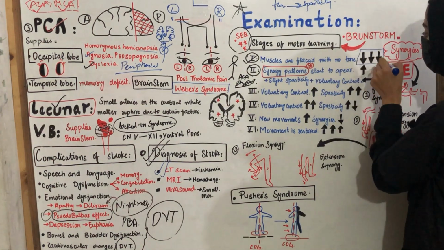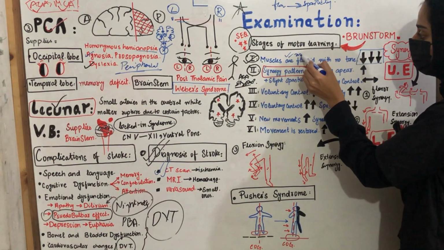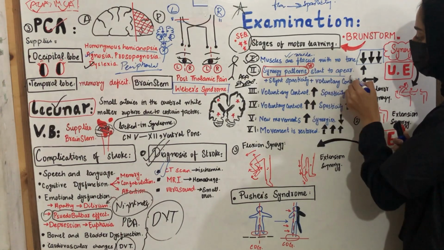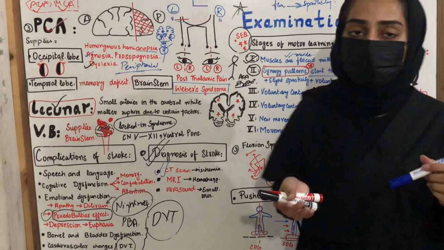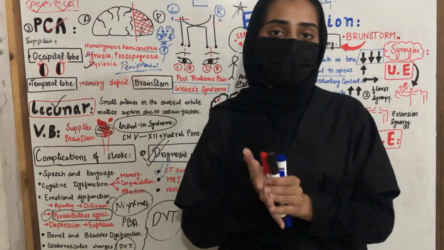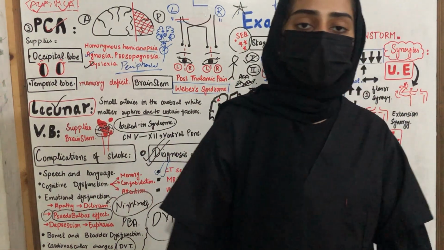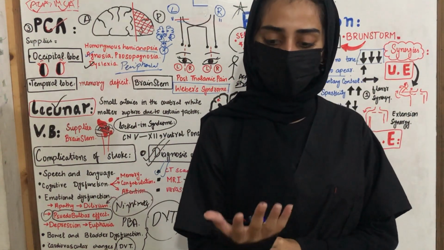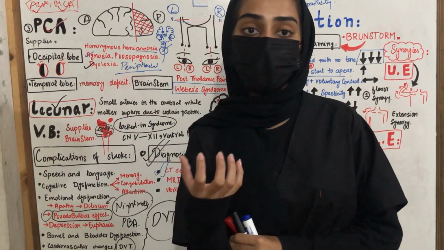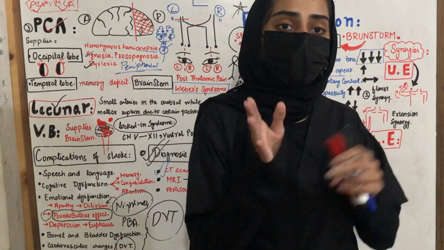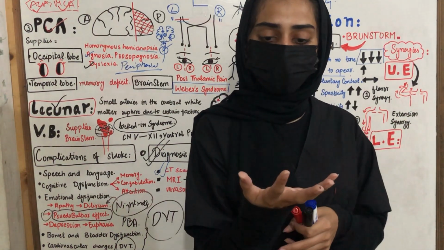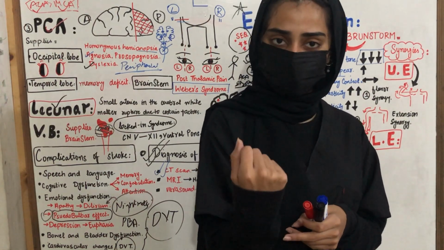First is flaccidity. You cannot even move a muscle. In the second stage, synergies. For example, this guy after 72 hours, the voluntary control came back, but only up to 20%. I'll explain it in percentage form. The person wants to move a finger, or the person wants to flex their arm.